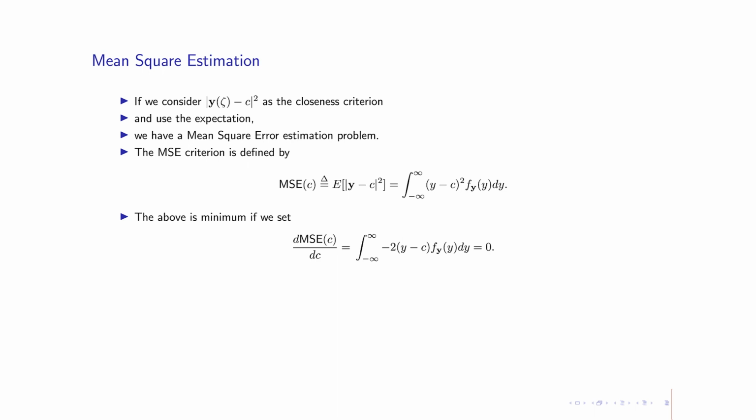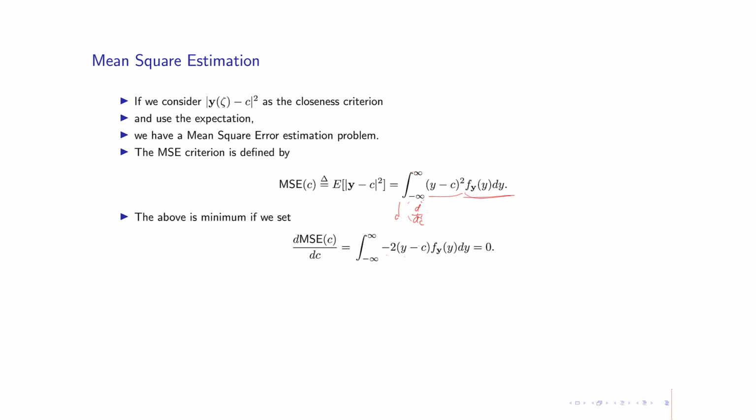If you calculate d/dc, the derivative from outside of the integral can go inside, because the boundaries are not a function of c. They can go inside. The derivative of this one becomes -2.